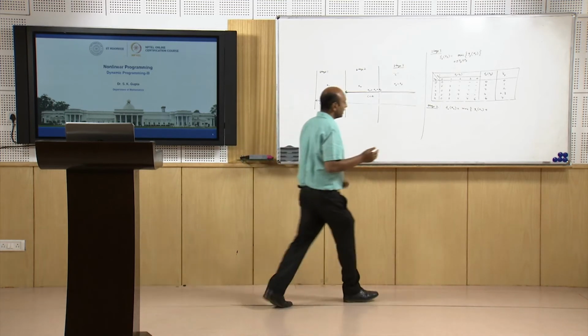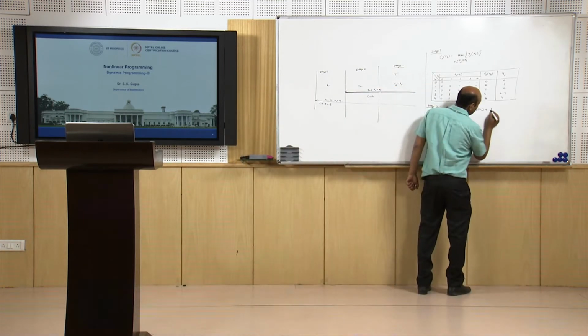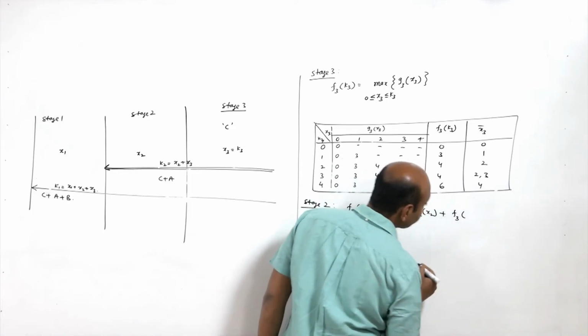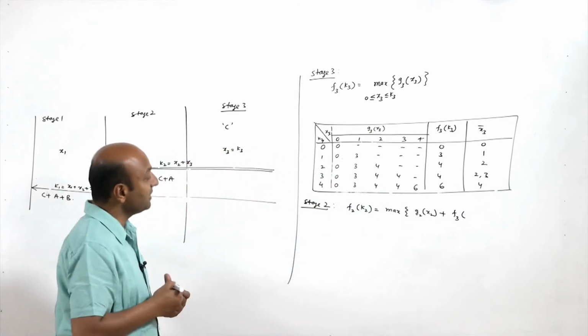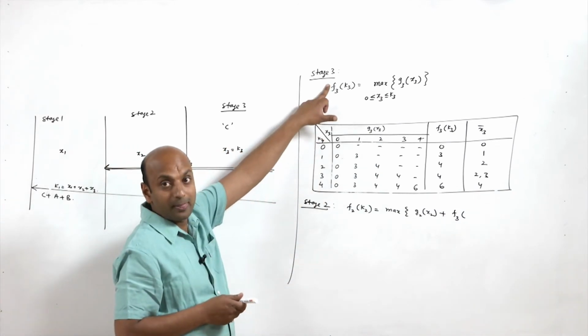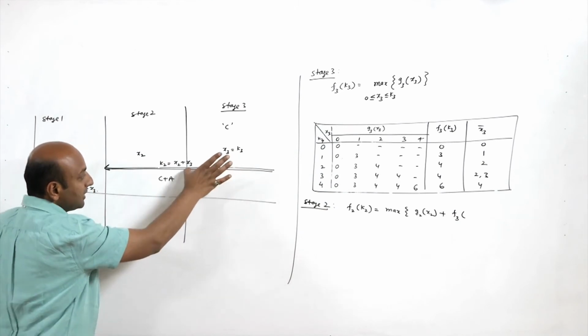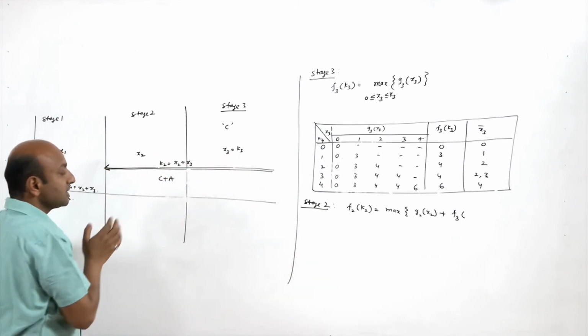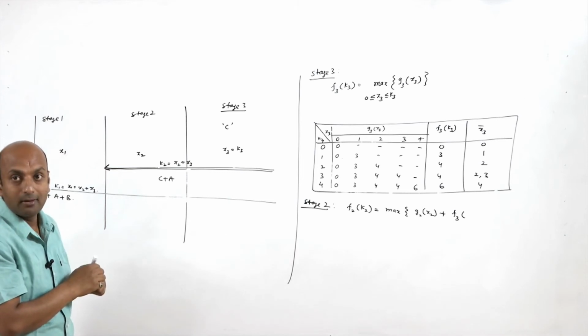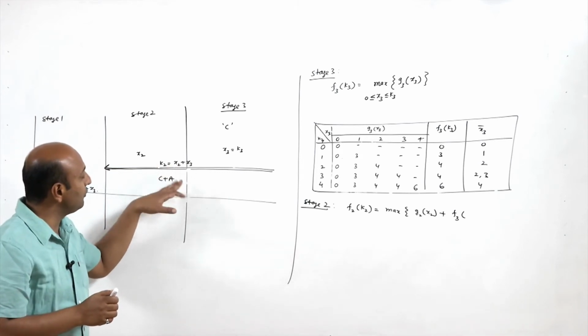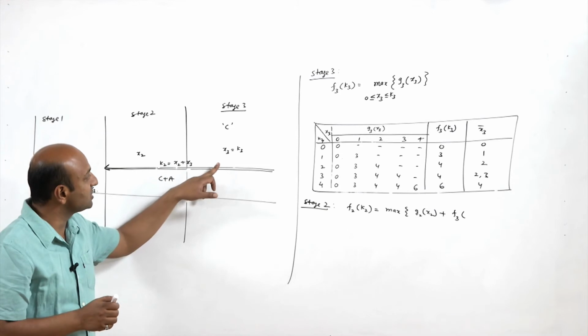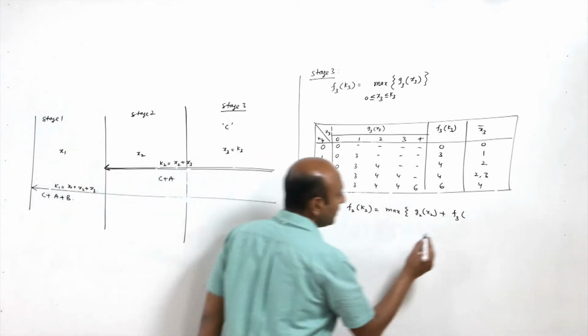So, here we add F3K3, whatever we obtain for stage 2. Now, you see, K3 is up to this stage, K2 is up to this stage. So, K2 minus x2 will be the net available for stage 3.